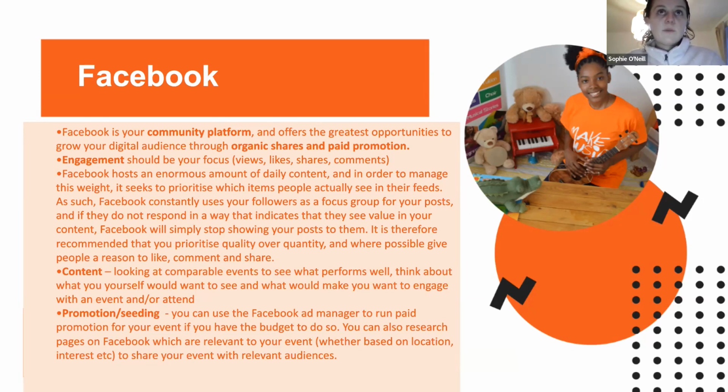And basically, they are a way of tracking how much value your audience are getting, as I talked about in the last slide, from your content and from your posts, and basically will upweight or downweight your posts to your audience based on how much value they seem to be getting from it. So that's why it's really important to prioritize quality over quantity and to give people a reason to like, comment, and share to boost those engagement metrics.